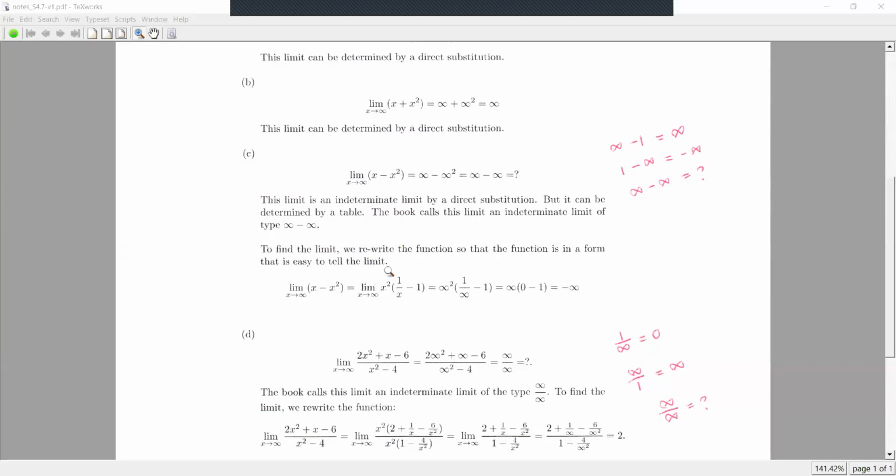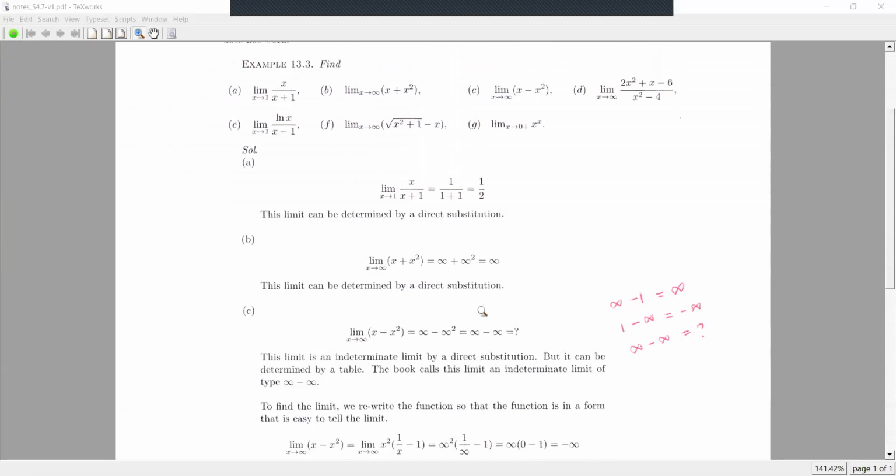Then x becomes 1 over x. Only 1 is left. Now plug in infinity for x, then we get this. 1 over infinity is 0. So we have infinity times 0 minus 1. 0 minus 1 is negative 1. Negative 1 times infinity is negative infinity. So this limit is negative infinity.